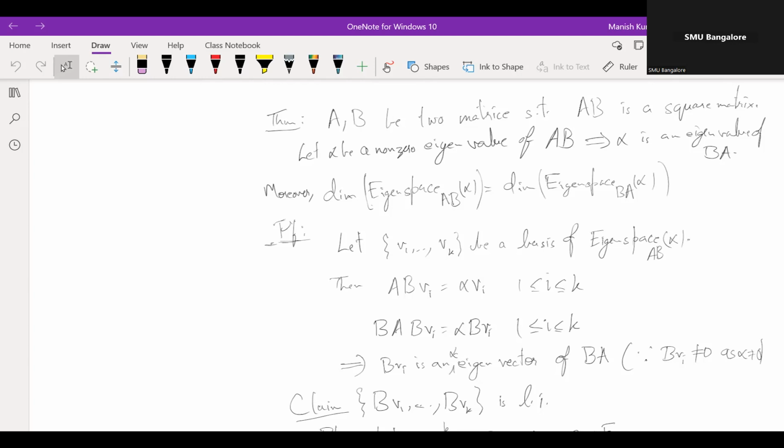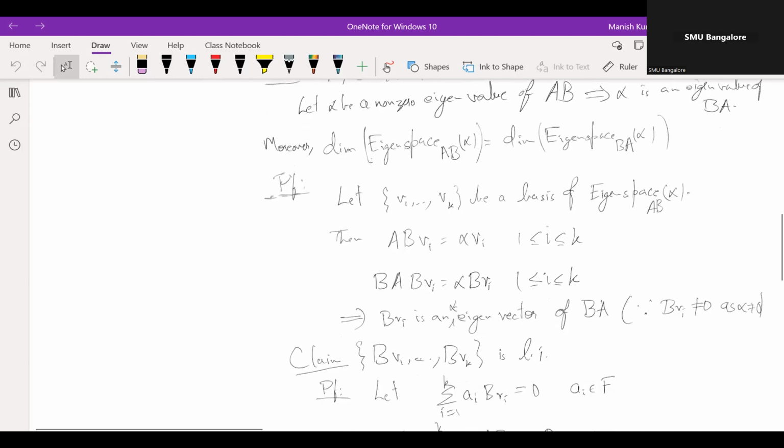Now we want to prove that they have the same dimension. Yeah. So we know that BVi is an eigenvector. In fact, we know that BV1, BV2, up to BVk, they are all going to be eigenvectors of BA with respect to alpha. Yeah, it doesn't matter which i we choose.